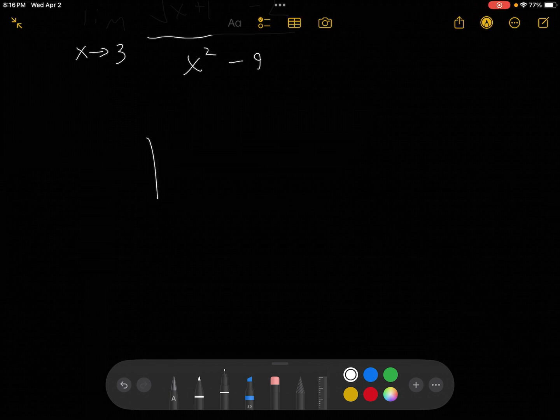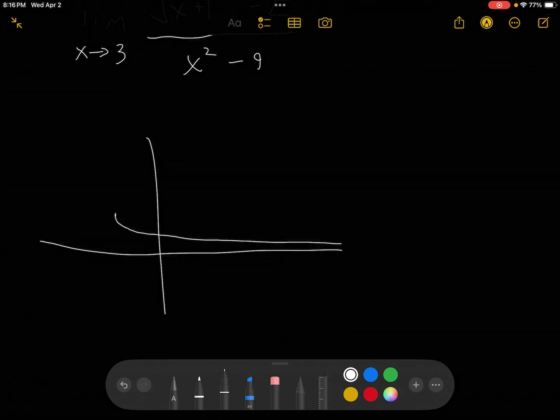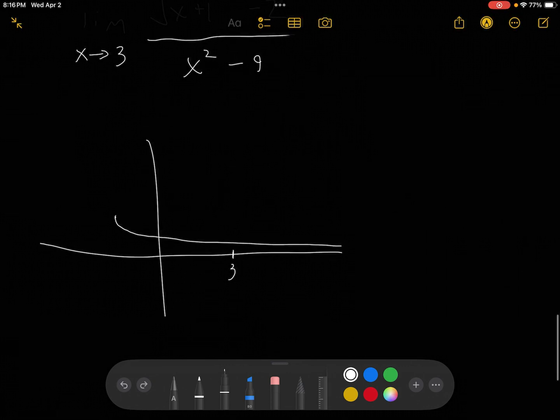So the graph of this function looks something like this, where the point 3 is right here. So we can see, just looking at this picture, that as we take x values getting closer and closer to 3, the corresponding f of x values are getting closer and closer to one specific number, this one right here.